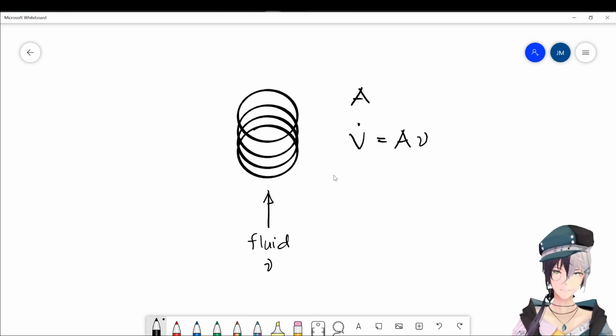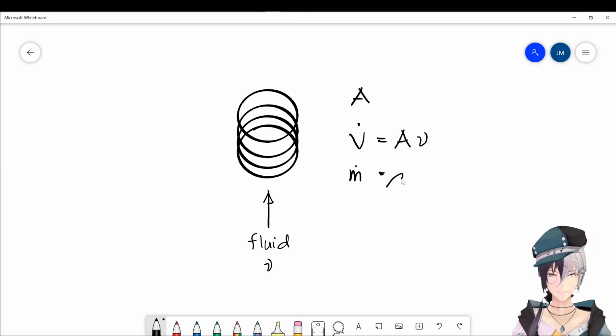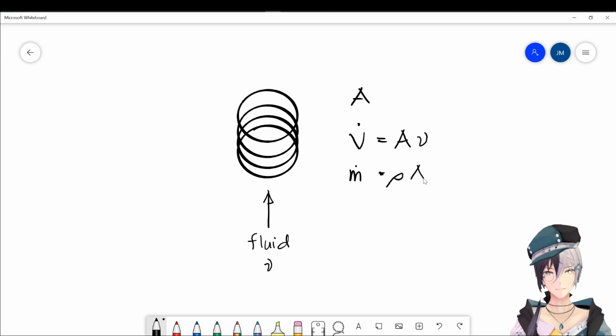And earlier, we have this equation wherein the mass flow rate is density times area and velocity. Let's check that they are the same. Okay, so they are the same. Why?